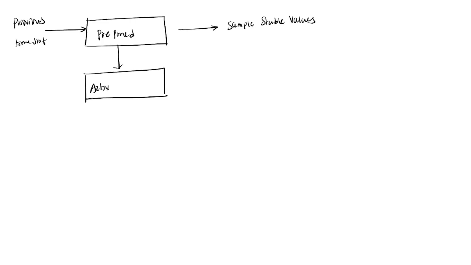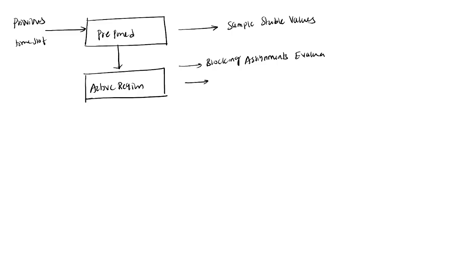Next you have the active region. In the active region, as I told you, blocking assignments will be evaluated, whatever blocking assignments are there.